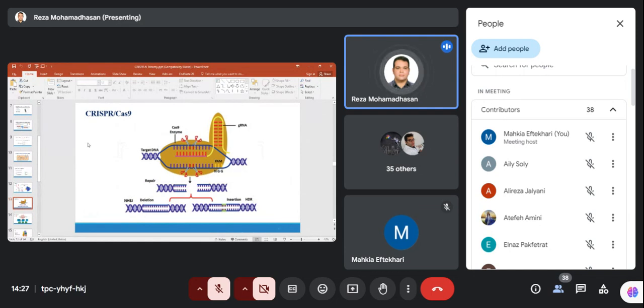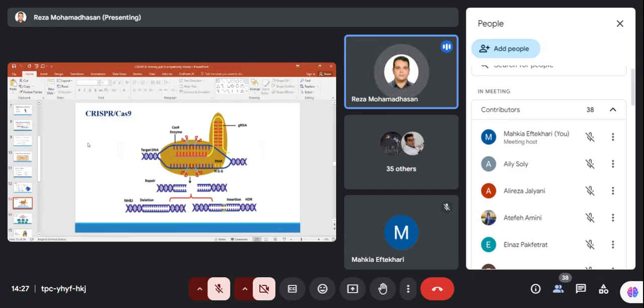Okay. That is the whole picture of what happens in CRISPR-Cas9 editing.